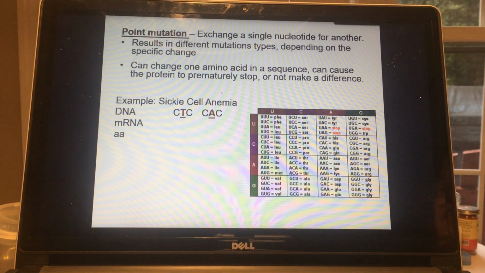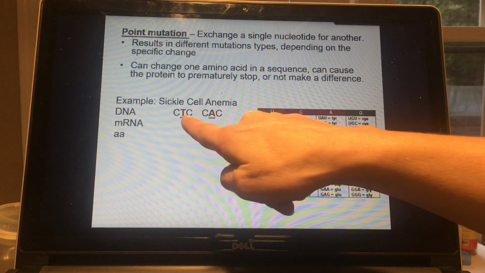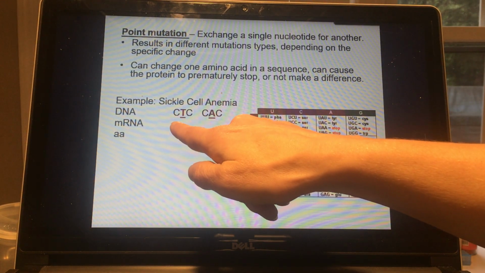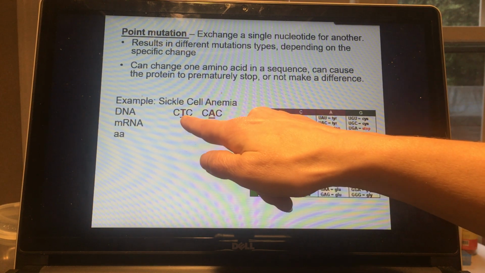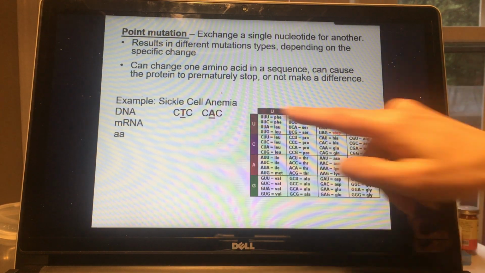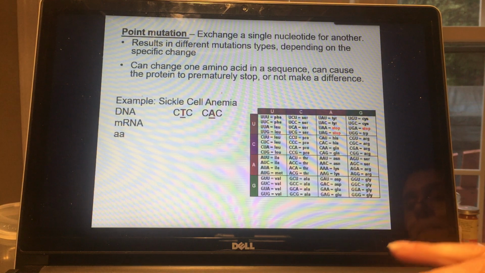So let me give you one example. With sickle-cell anemia, the normal DNA triplet would be CTC, and the T is replaced by an A, you can see right here. So when we make our mRNA codon, or when transcription occurs, you would end up with GAG, because C is complementary to G, T is complementary to A, C is complementary to G, and instead you would have GUG.